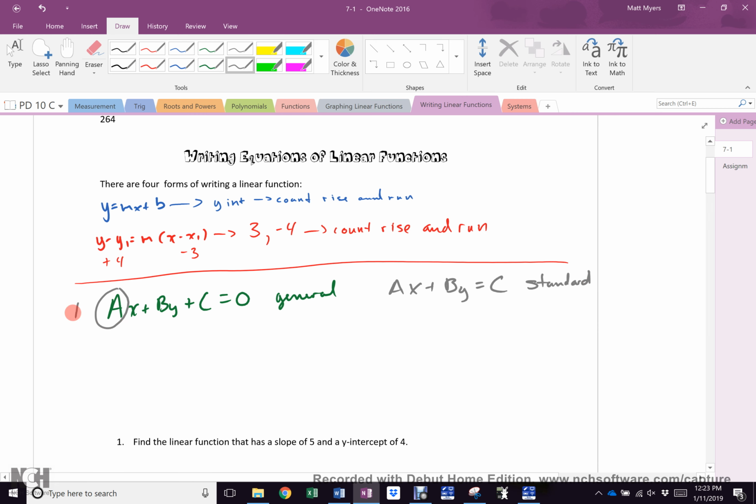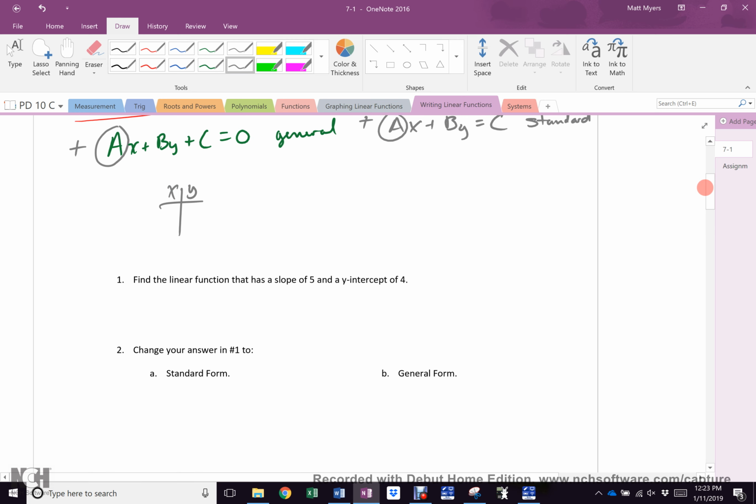This guy has to be positive. And there's no fractions at all because fractions scare everybody. All right? Now, these guys are really pretty much useless in the graphing world, right? Because if I want to graph one of these, I've either got to do algebra to convert it to this, or I got to make a table of values, which is also a pain in the rump. Everybody good? Okay. So, we have all 4 of these available to us from which we may work.